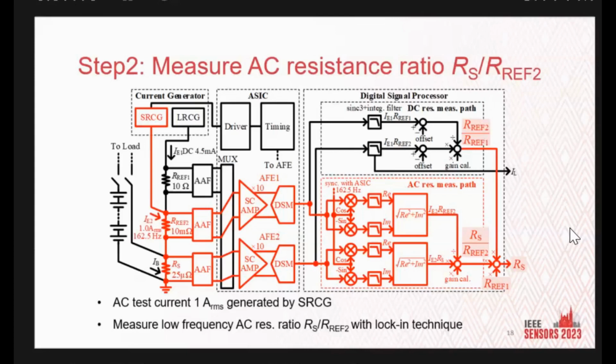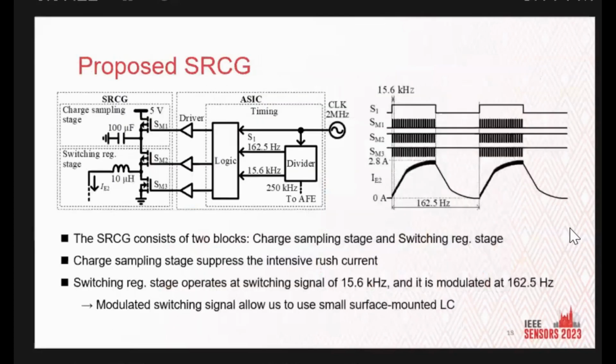Next, let me explain the details of the switching regulator-based current generator. This slide shows the detailed circuit configuration and timing diagram. The switching regulator-based current generator consists of two blocks: the charge sampling stage and the switching regulator stage.